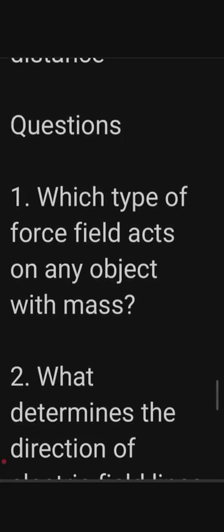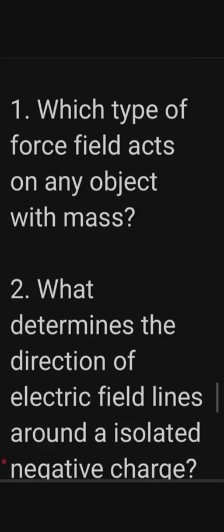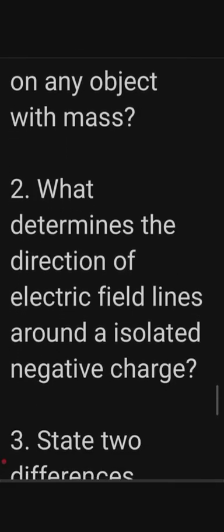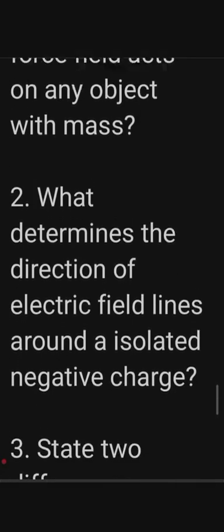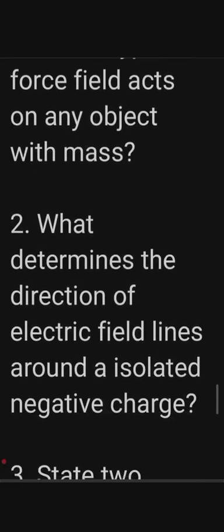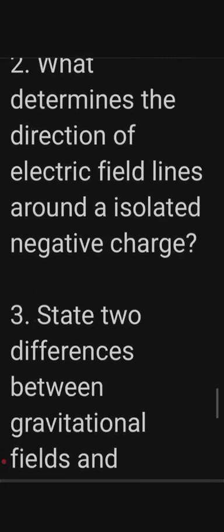After watching the video, here are a few questions that I want you to do. Question number 1, which type of force field acts on any object with mass? What determines the direction of electric field lines around an isolated negative charge?